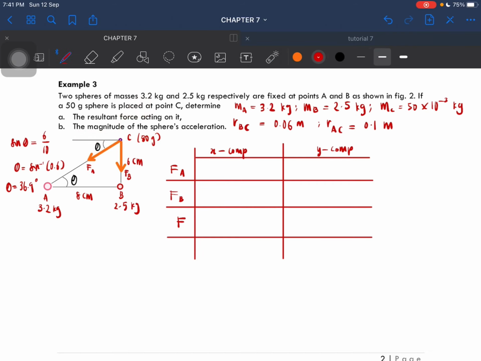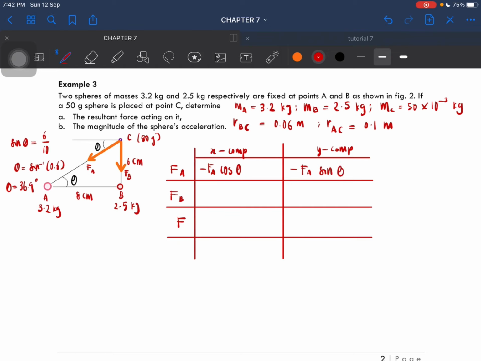So we will get negative FA cos theta, cos theta only, not theta degree. For the Y component, it is pointing downwards, so similarly, negative FA sin theta.